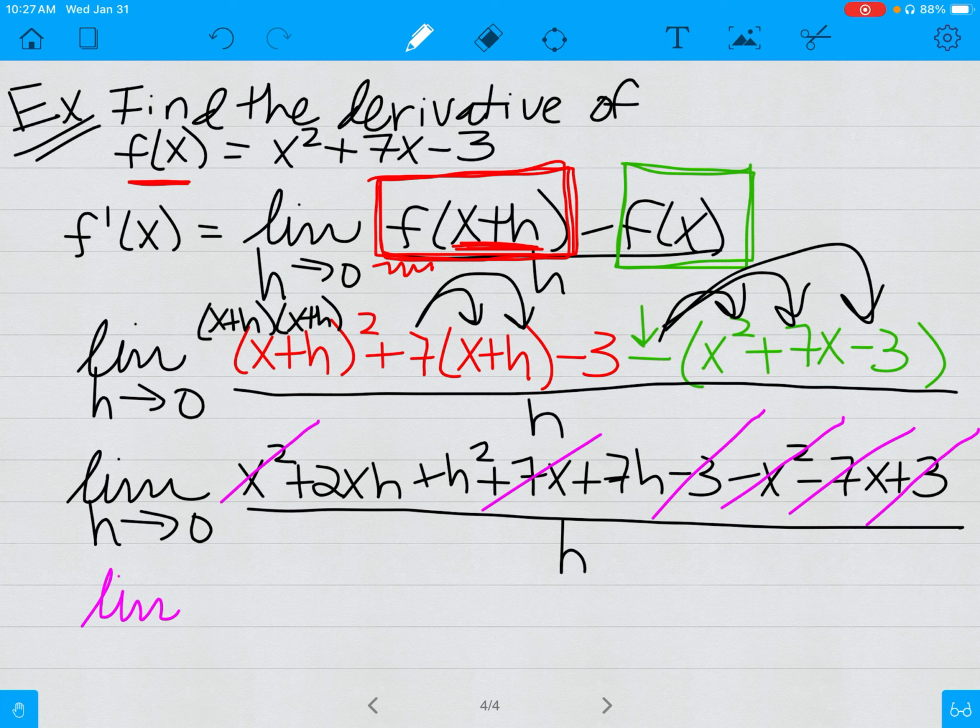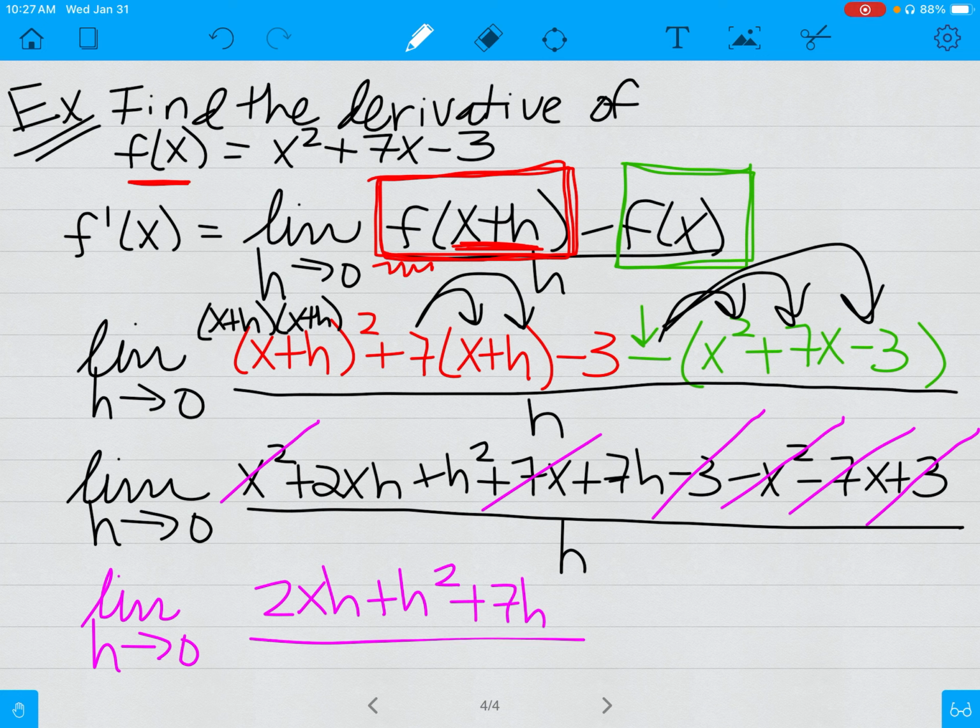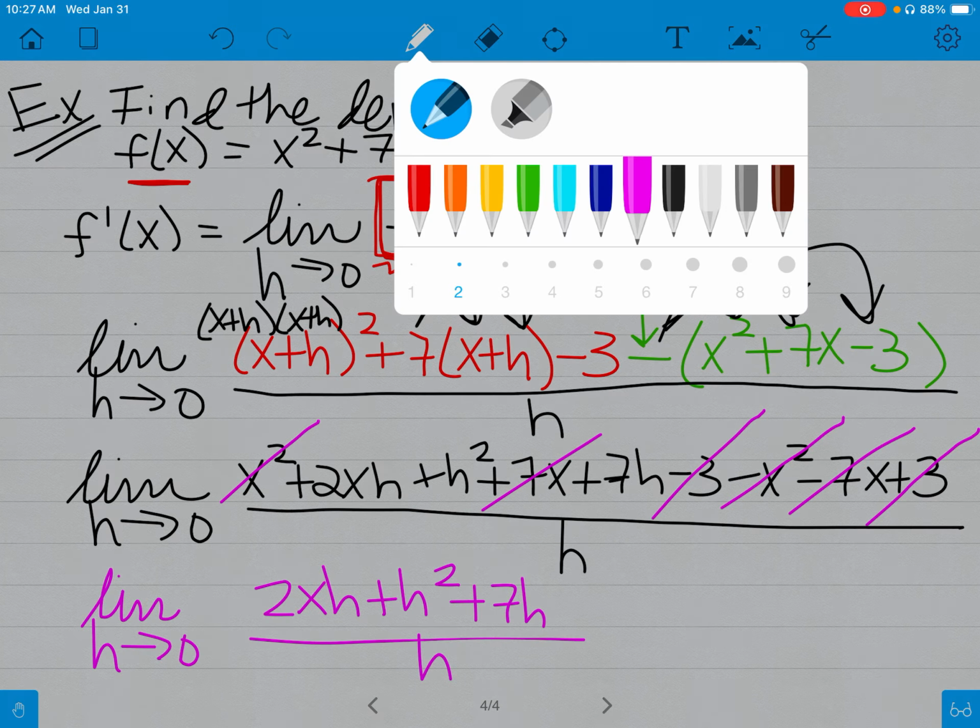Well, we have the limit as h approaches 0 of 2xh plus h squared plus 7h all over h. So each of these three terms in the numerator is being divided by the h.